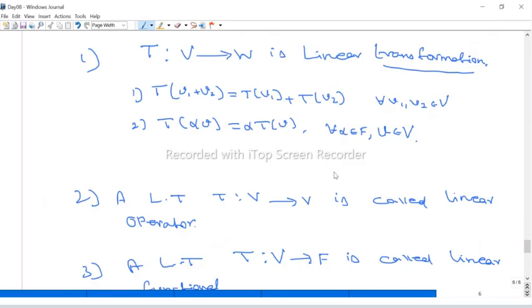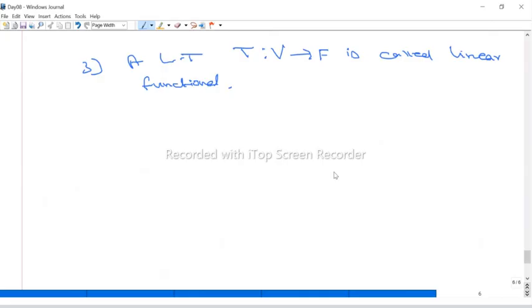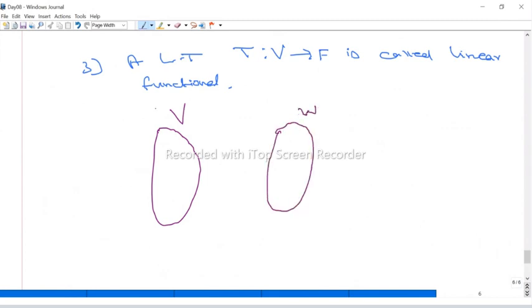So now we have two vector spaces, V and W. Since it's a vector space, definitely 0 should be there. Suppose we have a function T from this to this.